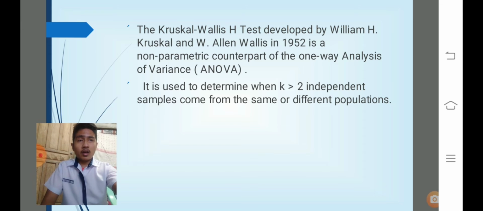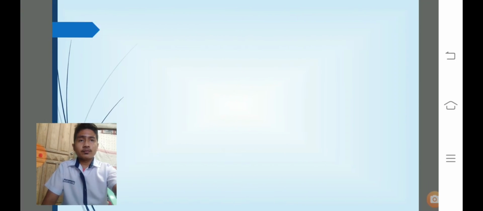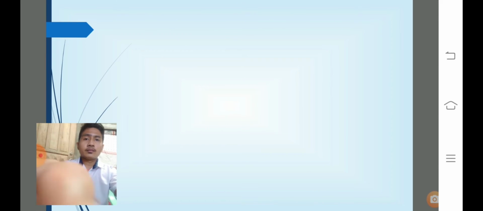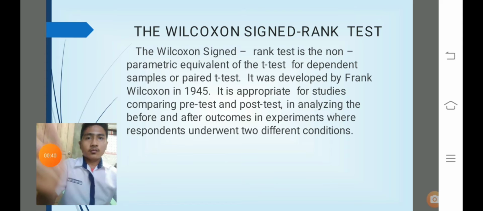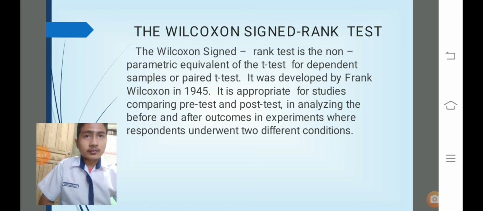Then po, ang napili po namin sa Kruskal-Wallis po ay ang Wilcoxon's signed rank test.